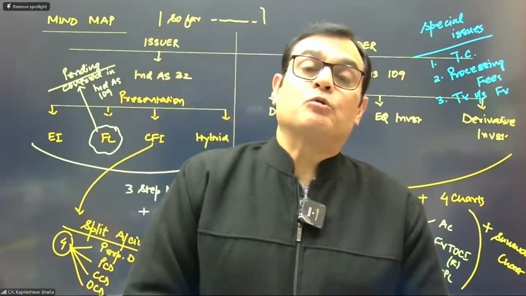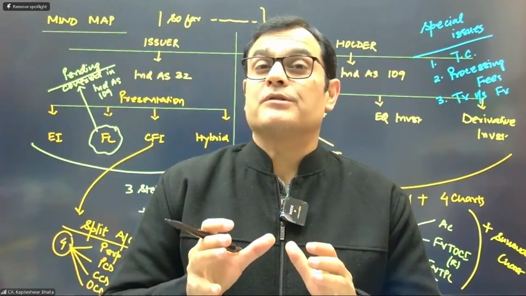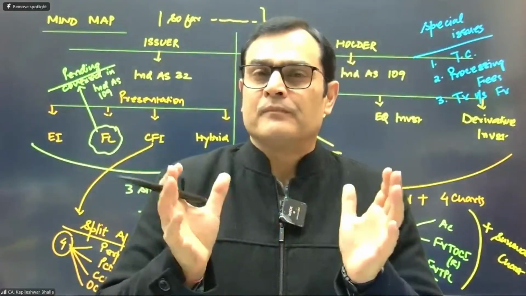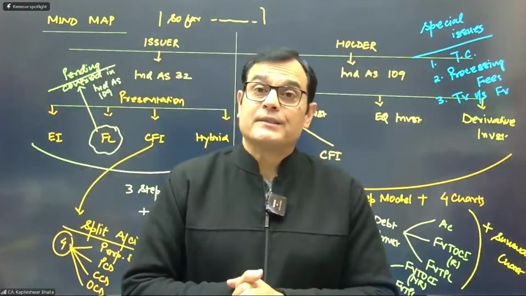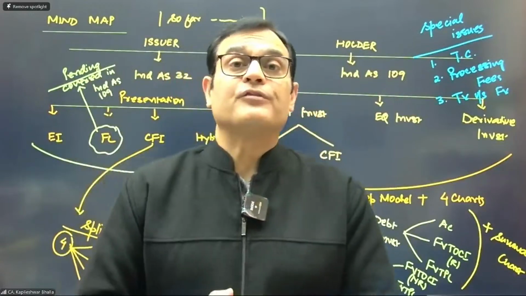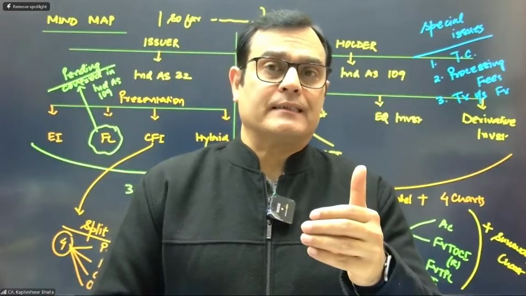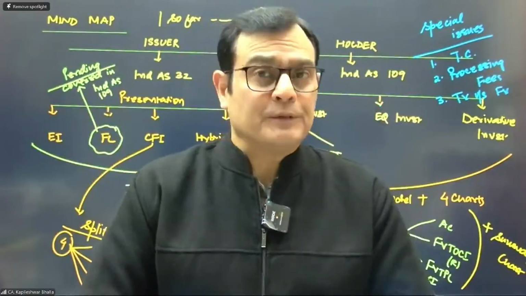Because many times questions come in the exams where they test your knowledge of the difference between a transaction value and a fair value. If you remember, earlier also, I had given you that financial assets are initially always taken at fair value. Now, when you enter into a financial asset investment, you are paying some money, which is a transaction value.